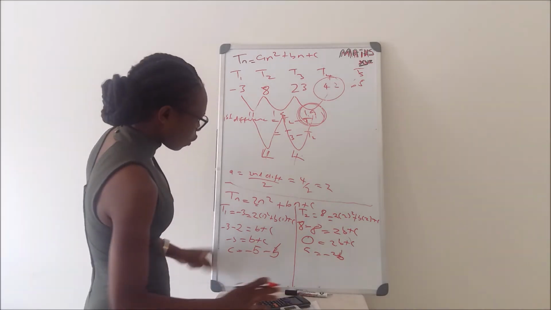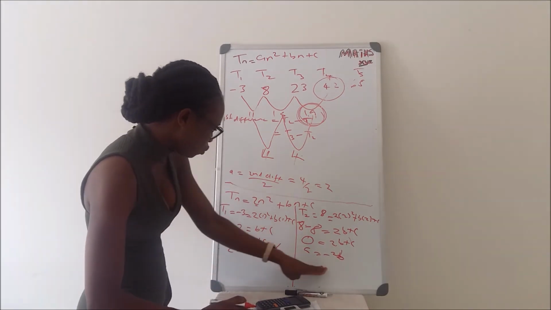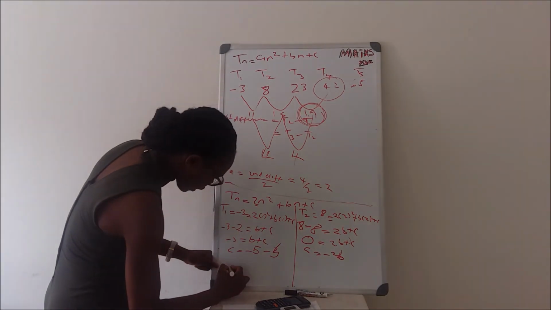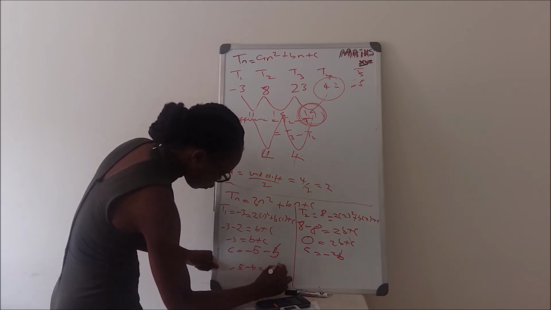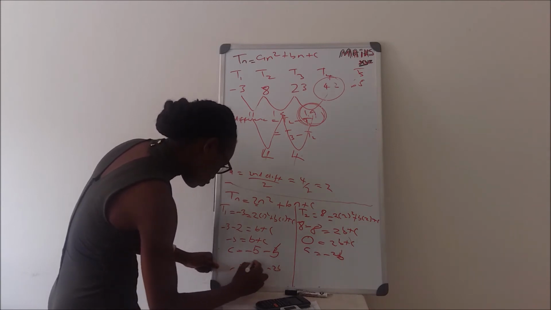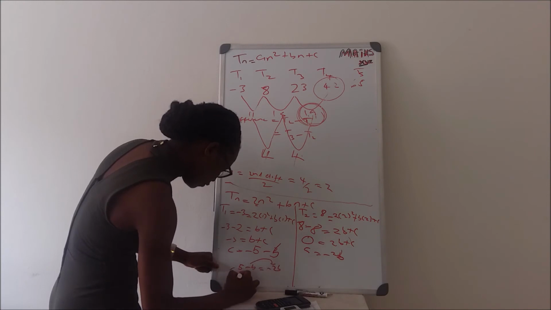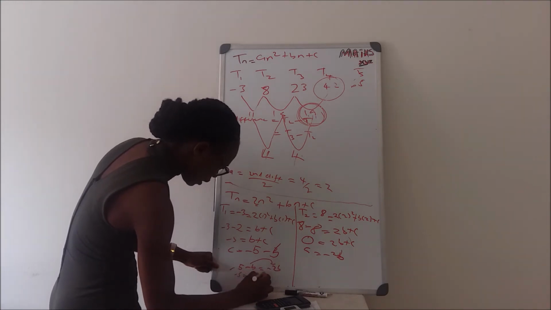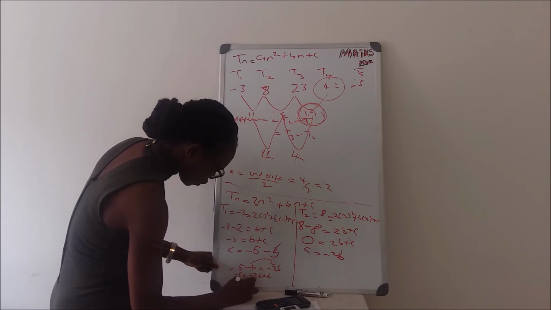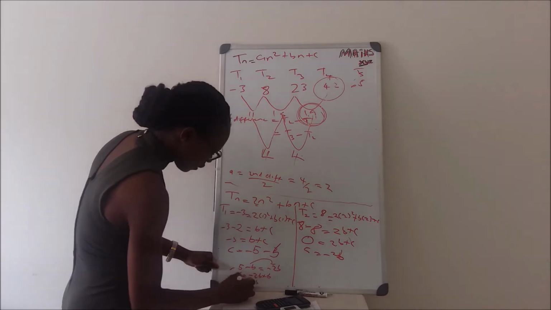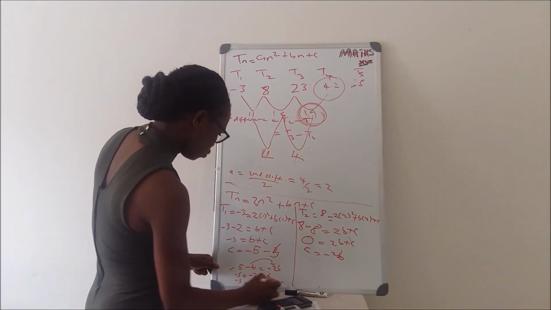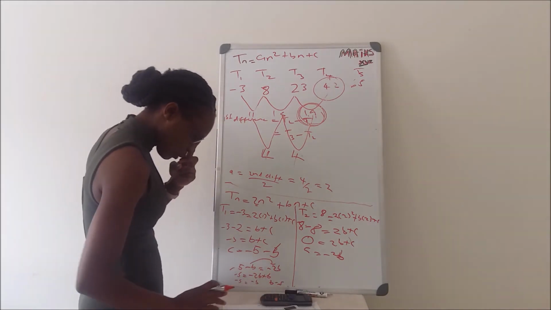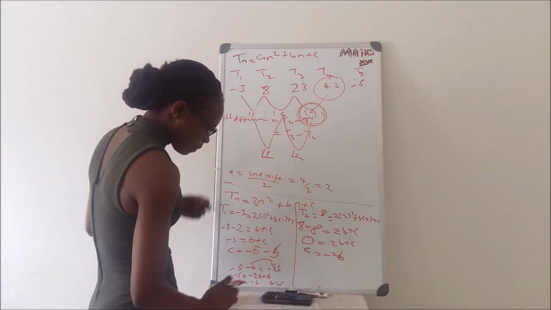So let's equate these two equations, of which I will get -5 minus b is equal to -2b. This one will go to the other side. It will be -5 is equal to -2b plus b, so -5 equals -b. Divide both sides by negative, and b is equal to 5.